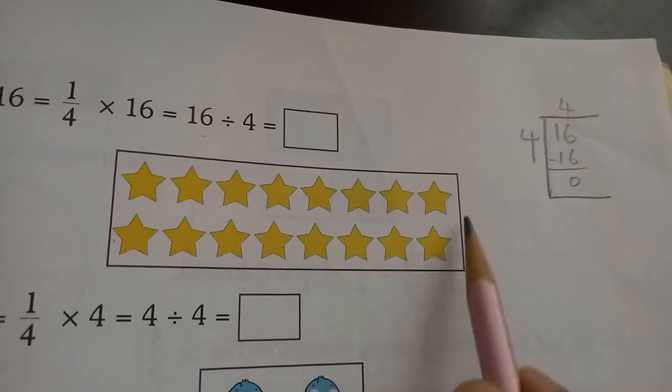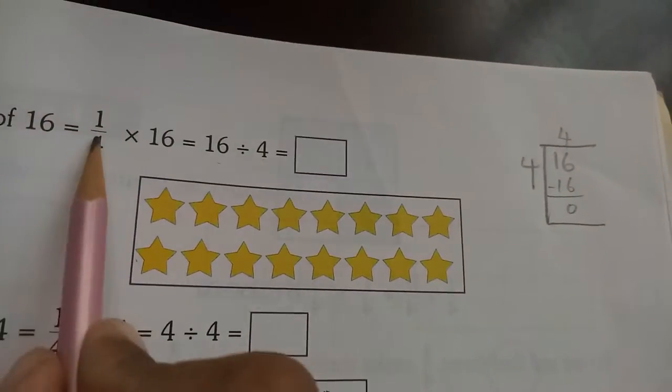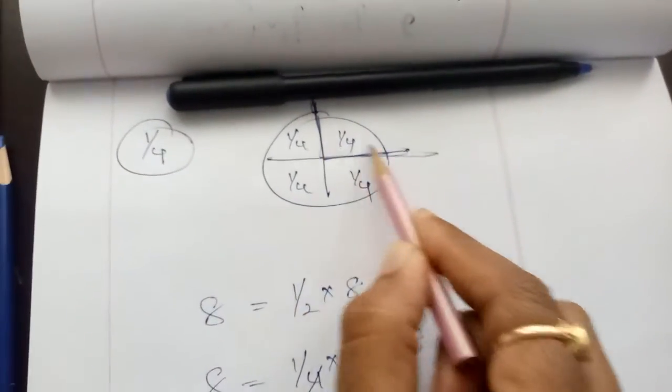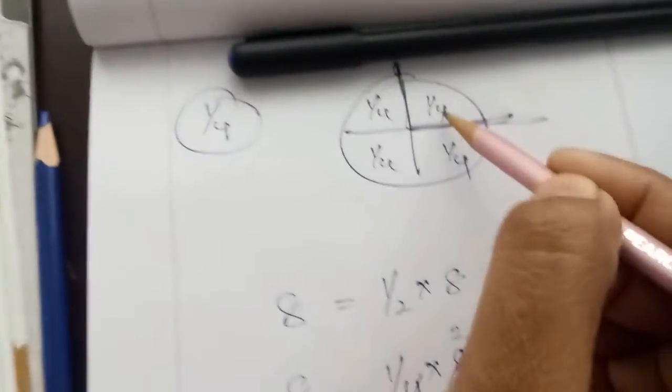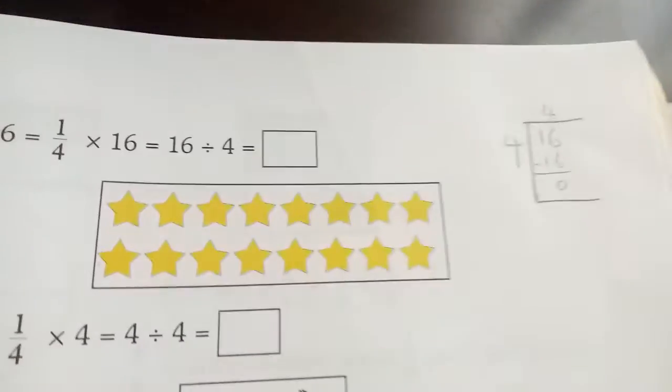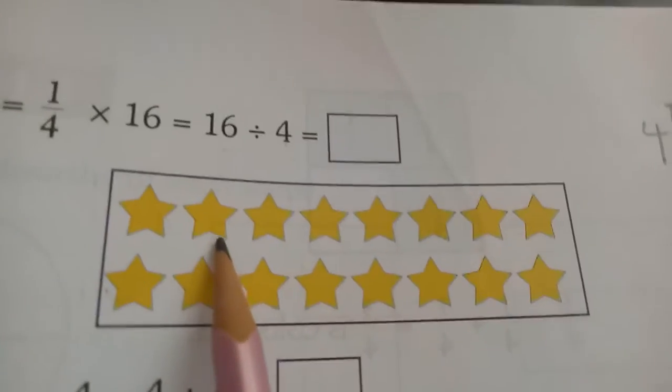Yes, here we'll be having 16 stars. 1 by 4th means 4 parts. We need to divide into 4 parts, and one part is called the 1 by 4th part. How many stars will we get in each part?